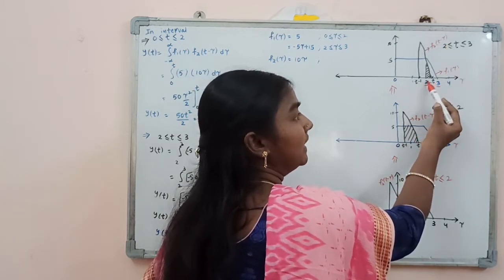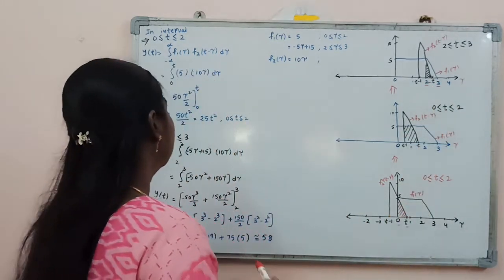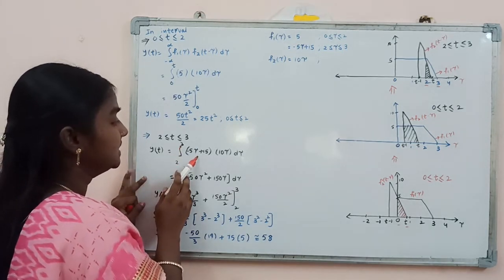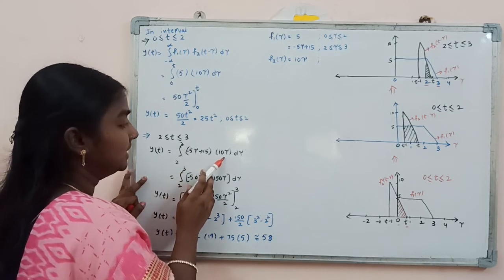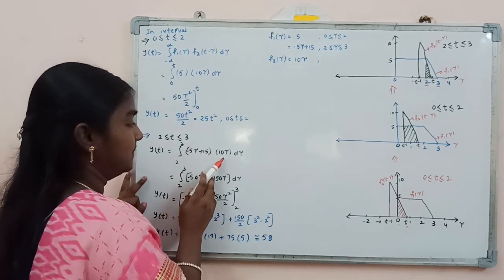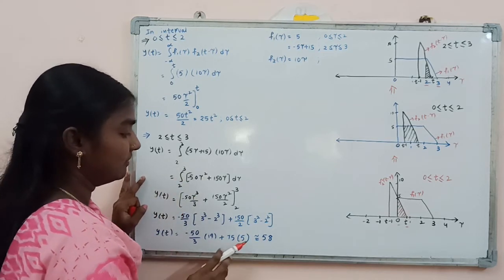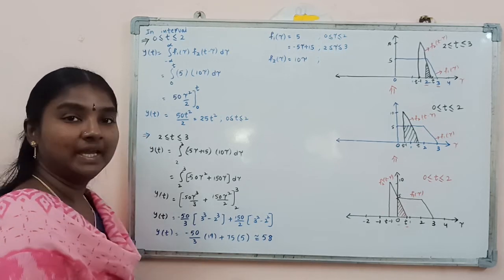So the common overlapping period we may observe is from 2 to 3. The integration limits are from 2 to 3, and the first signal's mathematical expression is this one and the second signal's is this one. If we simplify, the output signal we may find is approximately 58.